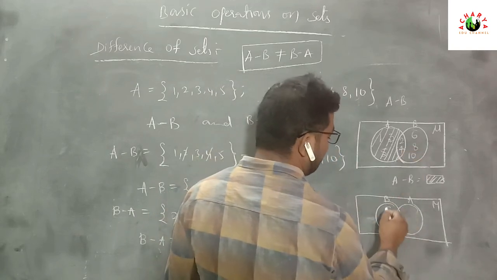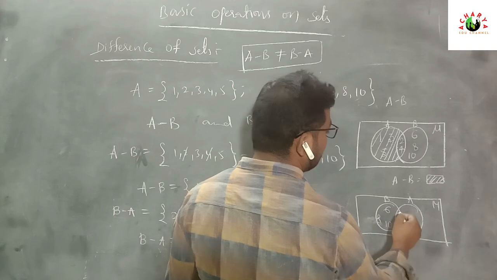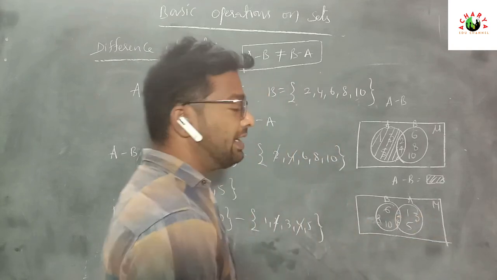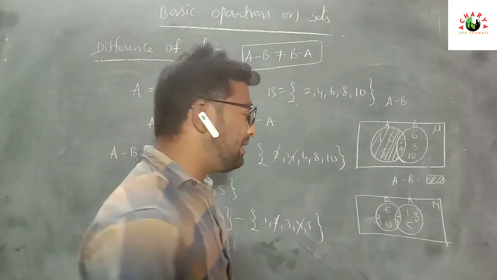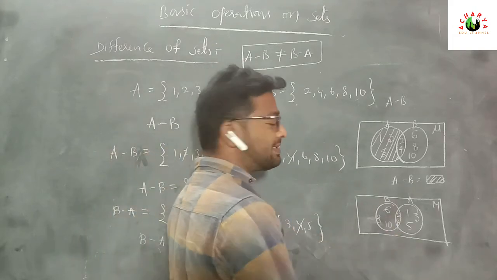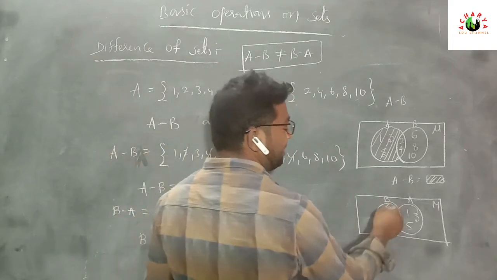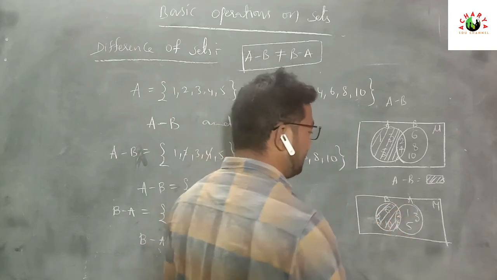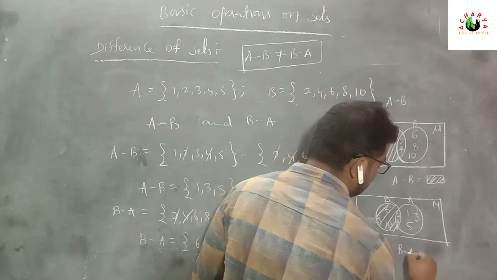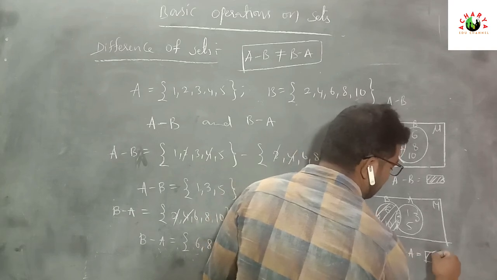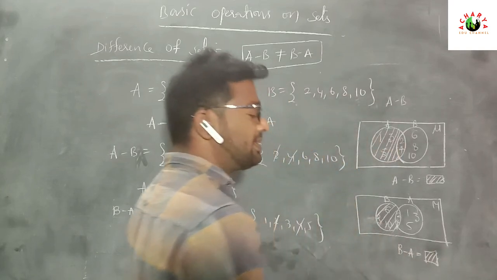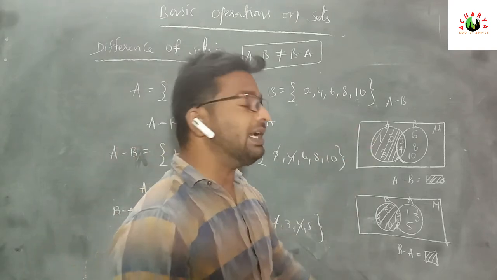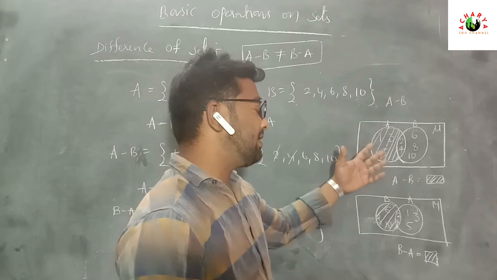Here 2 4 is completed, the remaining elements of A are 1 3 5, and the remaining elements of B, which form the shaded part, are 6 8 10. So B minus A is equal to the shaded part. Understand?